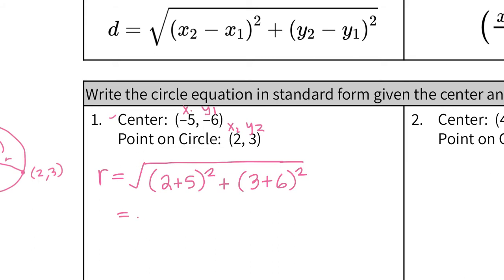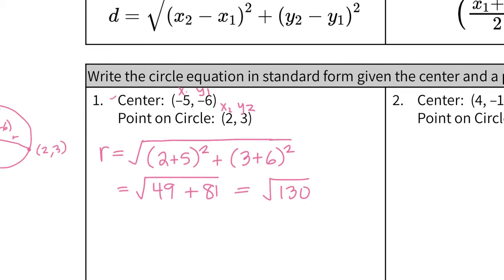Let's simplify this as much as we can. 2 plus 5 is 7, squared is 49. 3 plus 6 is 9, squared is 81. So this ends up being the square root of 130. So that is the radius.